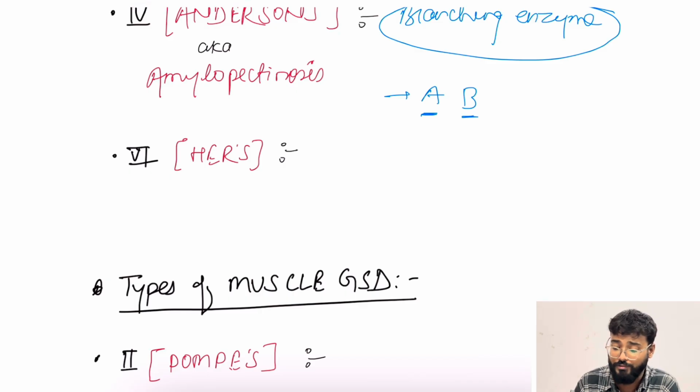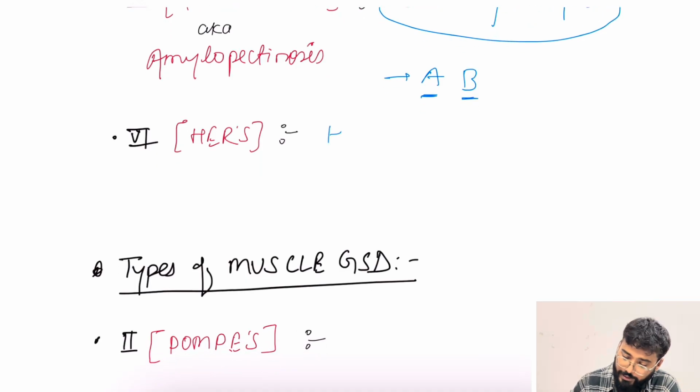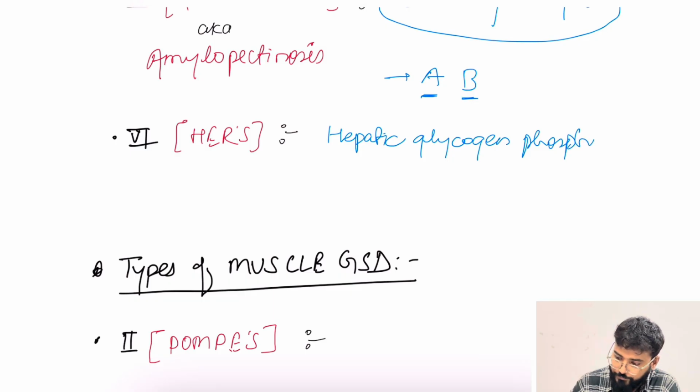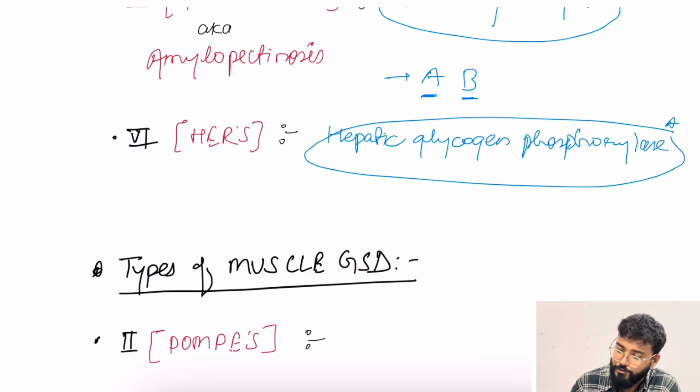Now the sixth type of GST is Hers disease, and in this case, the enzyme defected is your hepatic glycogen phosphorylase. So glycogen phosphorylase is defective, and as it is a liver GST, it is your hepatic glycogen phosphorylase.